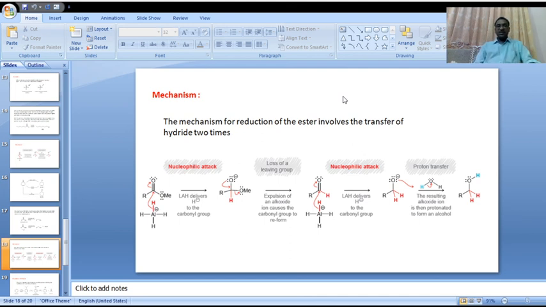LAH can also be used with esters or carboxylic acids to convert them into alcohols. Esters and carboxylic acids do not undergo reduction with sodium borohydride. Okay, is it clear, all of you?